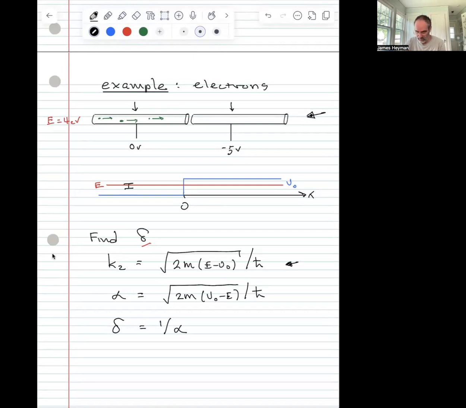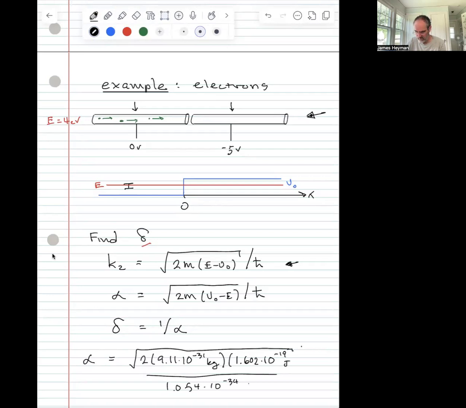So alpha is equal to the square root of 2 times the mass of the electron, 9.11 times 10 to the minus 31 kilograms, times U minus E. So that's 5 minus 4, or 1 electron volt, or 1.602 times 10 to the minus 19 joules, all divided by h bar, 1.054 times 10 to the minus 34 joule seconds.